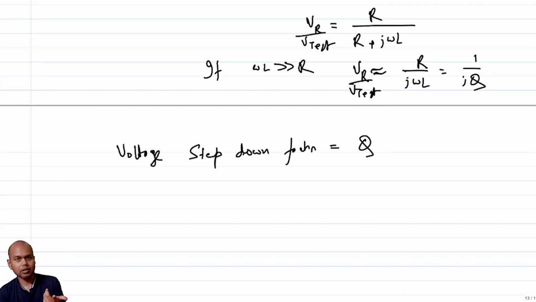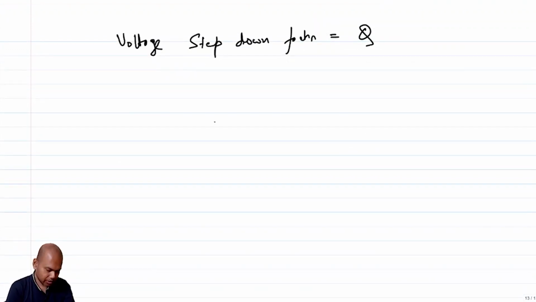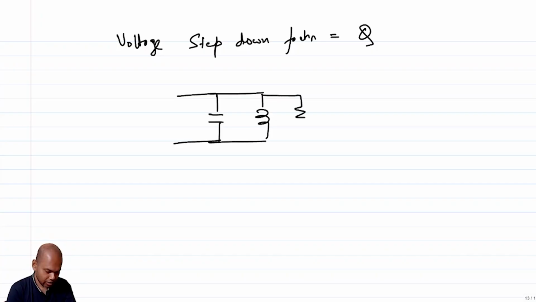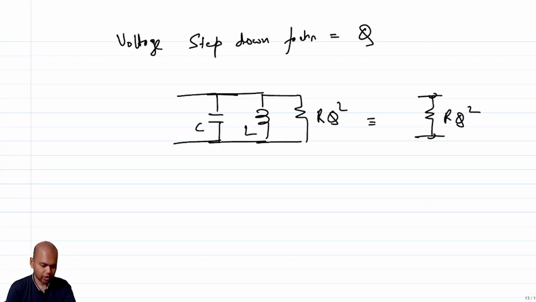So we expect the R to get stepped up by Q squared, which we already know, because RL is equivalent to L and R, which is Q squared times R. This is approximately L, this is C. So at resonance this becomes R times Q squared.